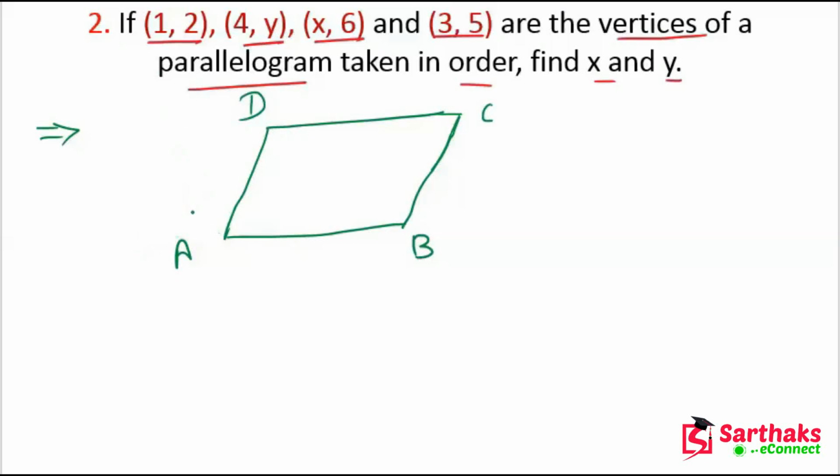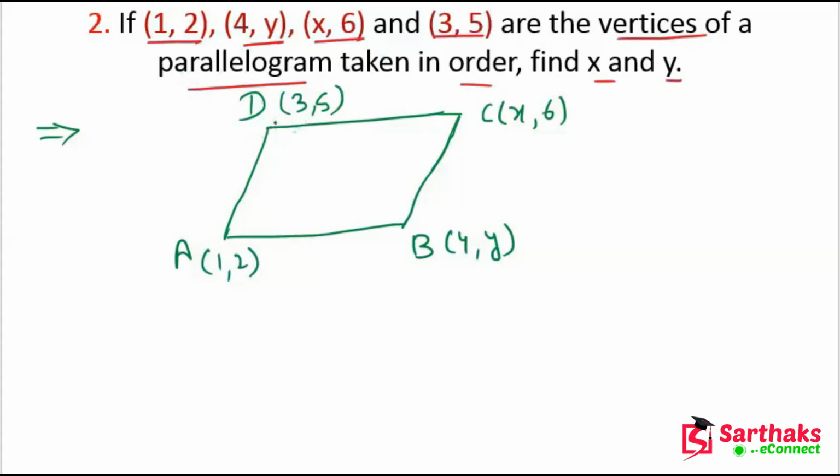Now we have point A is (1, 2), point B is (4, y), point C is (x, 6), and point D is (3, 5). You can start from any point, but you have to take these points in order.